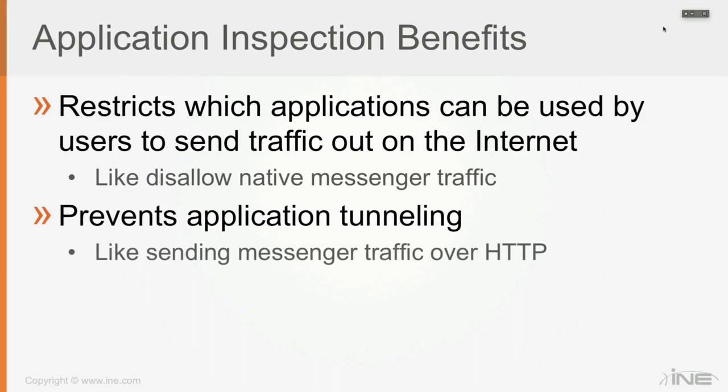It also prevents application tunneling. You can do application layer inspection to make sure that users are not trying to tunnel some kind of applications, like for example tunneling messenger over HTTP. Of course, nowadays the most dangerous tunneling method is tunneling whatever you want over HTTPS, which is going to be secure.